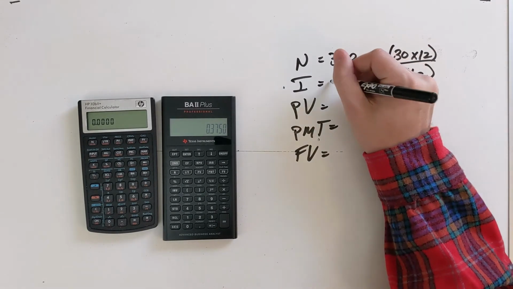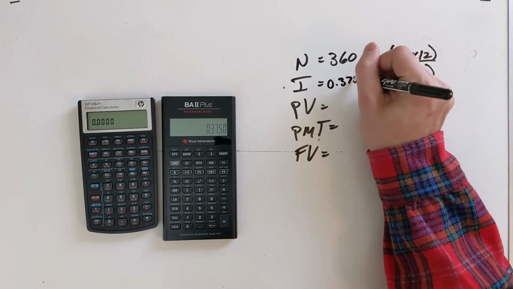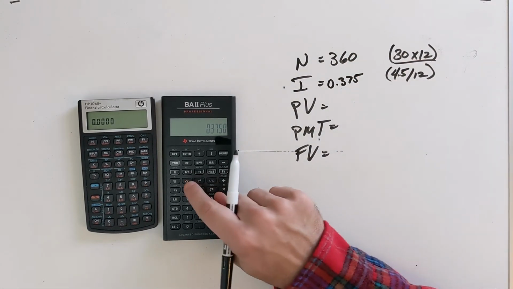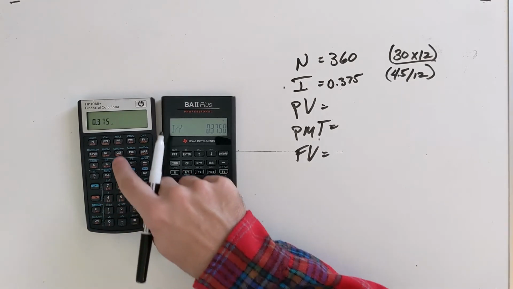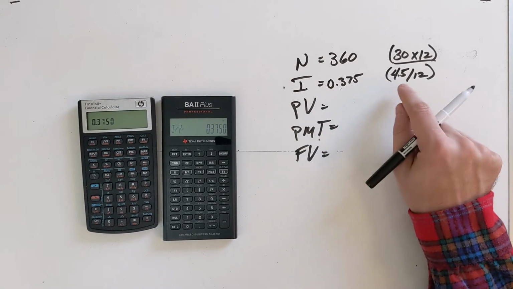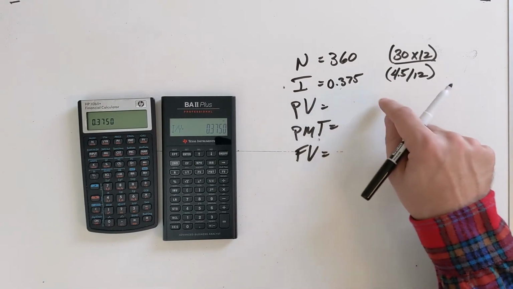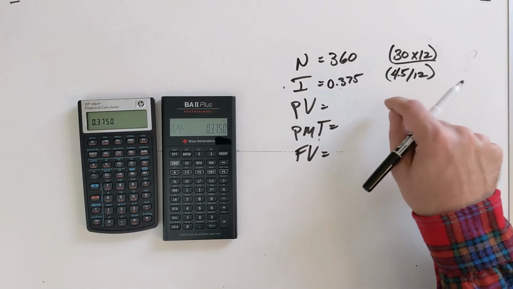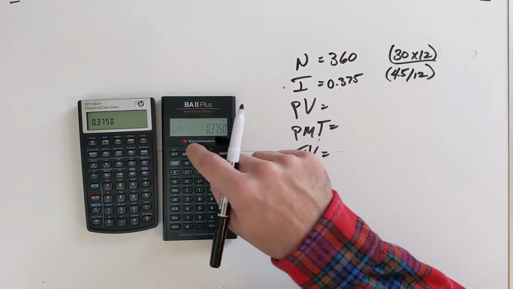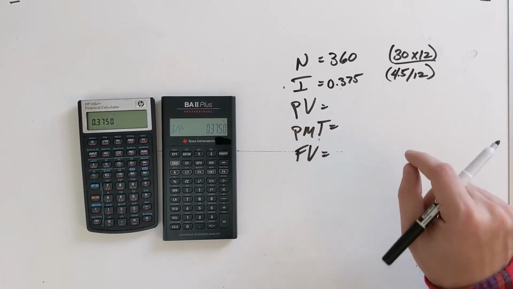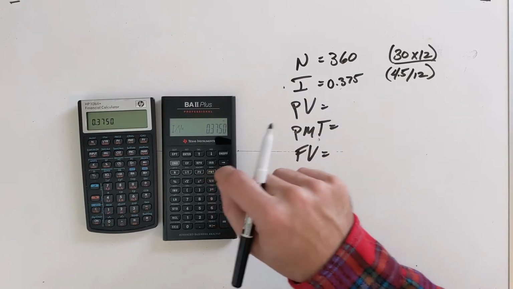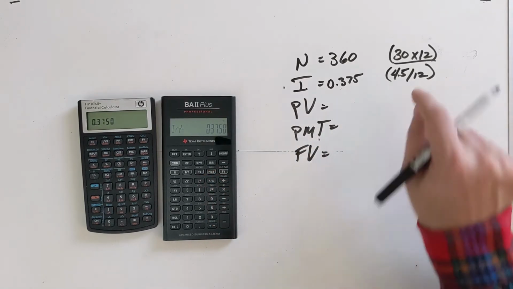And so that is 0.375%. And if you notice, whenever you enter these interest rates, you enter them as whole numbers, right? If I were going to put in 4.5, I wouldn't put it in decimal form. I wouldn't put 0.045. I just put in 4.5. So here, this is 0.375% interest per time period or per month.